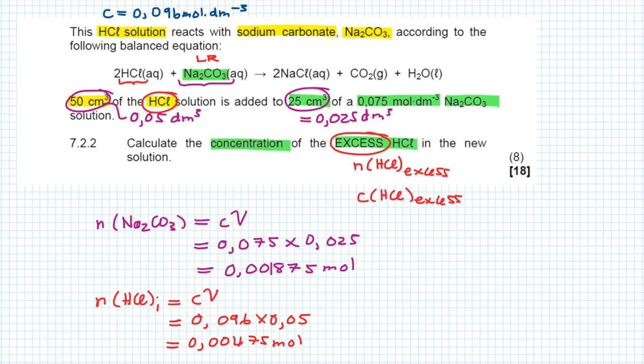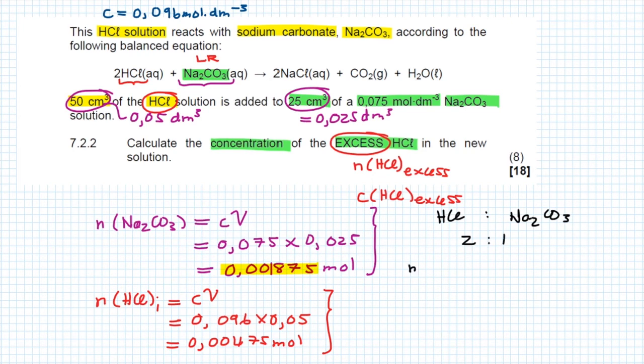Now let's find out how much of this hydrochloric acid actually reacted with the limiting reagent. To do so, we're going to make use of the stoichiometric ratio and this number of moles. The ratio of HCl to sodium carbonate is going to be 2:1.